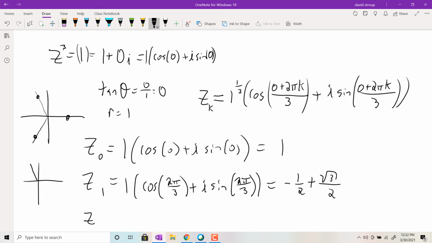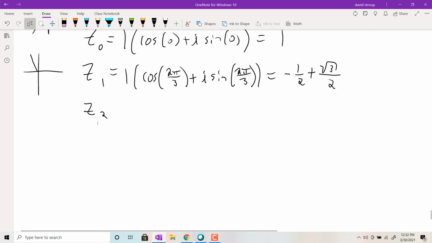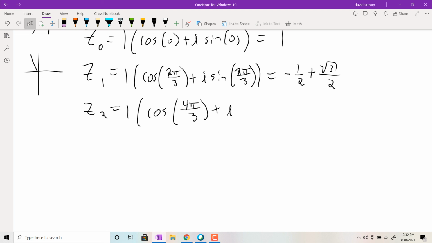Okay, and then z sub 2, so another answer, will be 1 times cosine of 0 plus 2 pi times 2, so 4 pi all over 3, plus i sine of 4 pi over 3, which of course will give you, this time, there's 2 pi over 3, 3 pi over 3, 4 pi over 3 is down here.